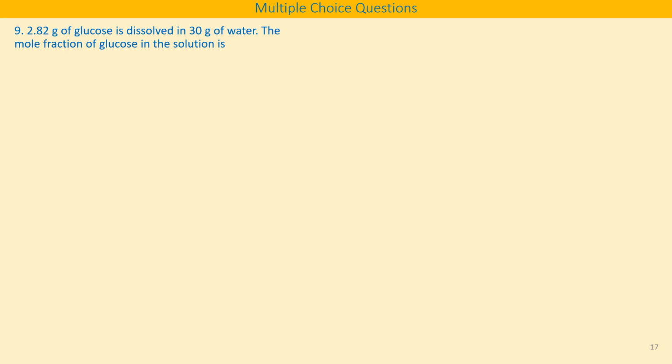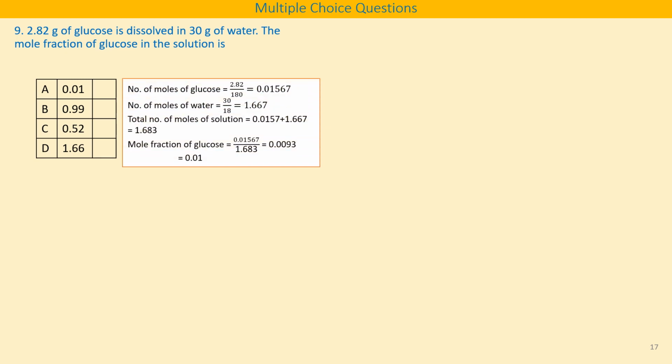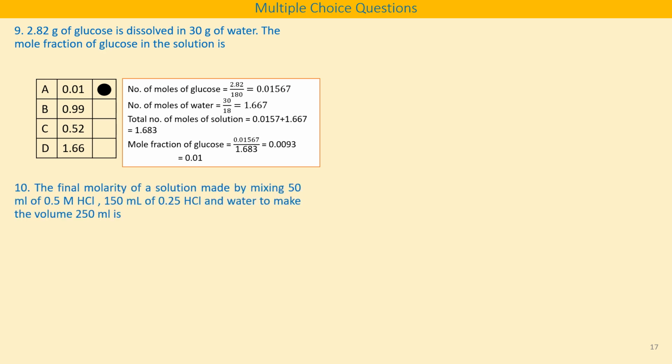2.82 grams of glucose is dissolved in 30 grams of water. The mole fraction of glucose in the solution is, four options are given. You have to analyze and write. Analysis is given in the insert table, and as per the calculations given in the insert table, option A is the correct answer. Please mark it. Next question.